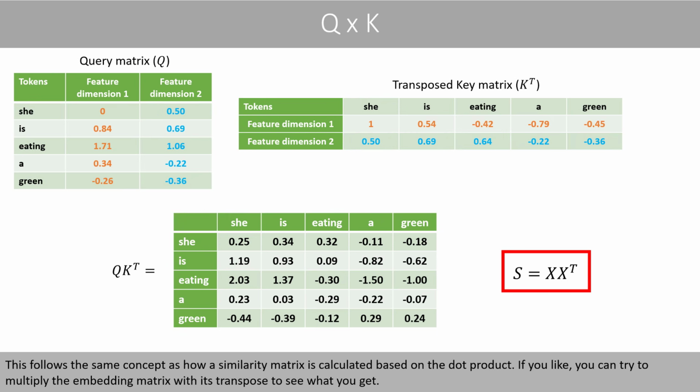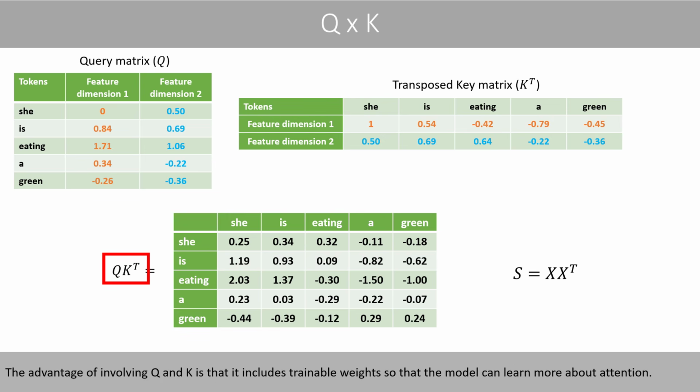This follows the same concept as how a similarity matrix is calculated based on the dot product. If you like, you can try to multiply the embedding matrix with its transpose to see what you get. The advantage of involving Q and K is that it includes trainable weights, so that the model can learn more about the attention.